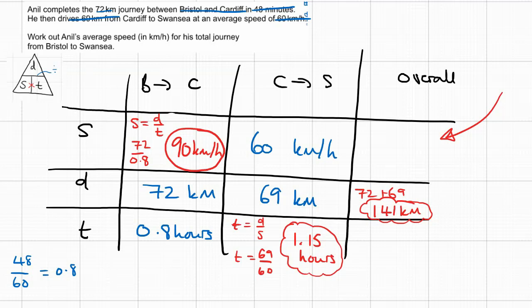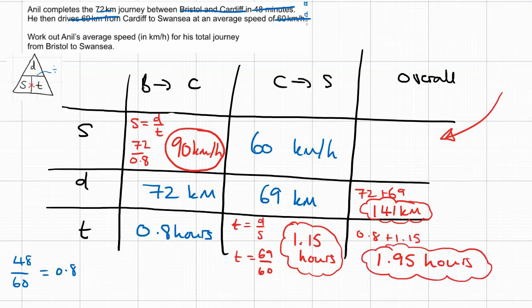So for this box, we do 0.8 plus 1.15, which is 1.95 hours.